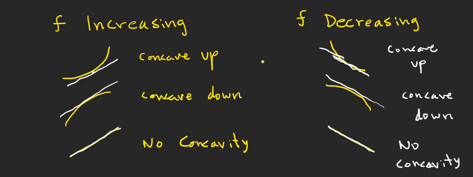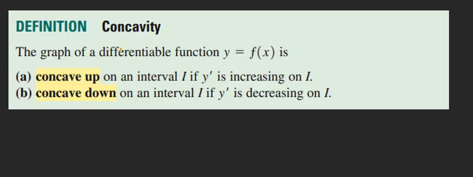So the first derivative, f prime, tells you when f is increasing or decreasing. Now, in order to find the concavity of f, we have to look at the second derivative of f, which is f double prime. So let's take a look at the definition of concavity.